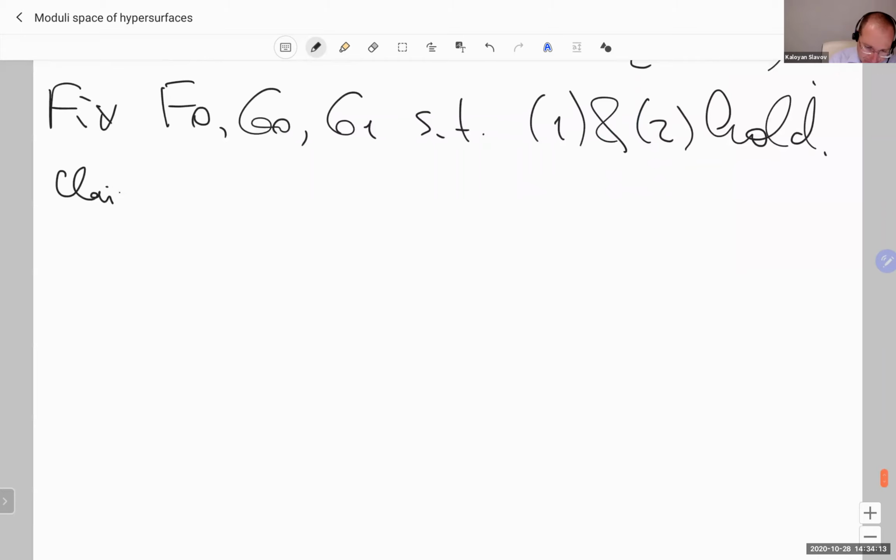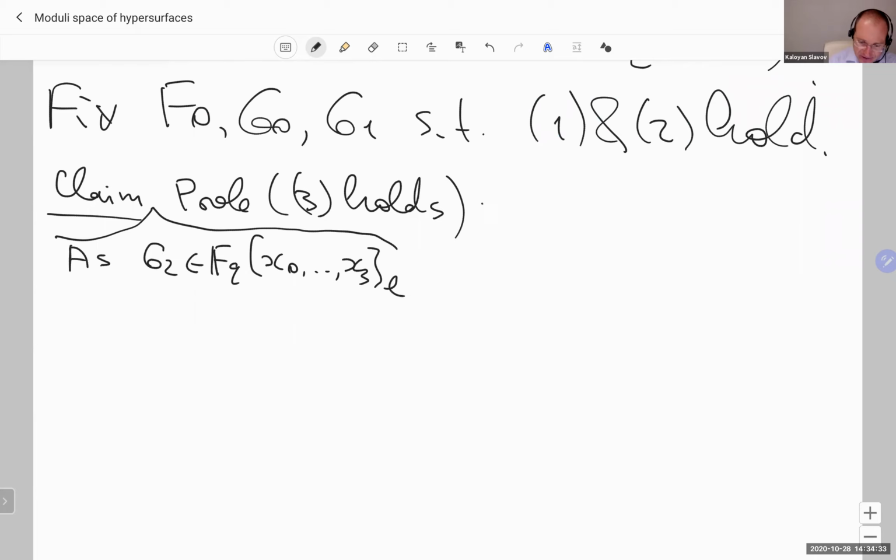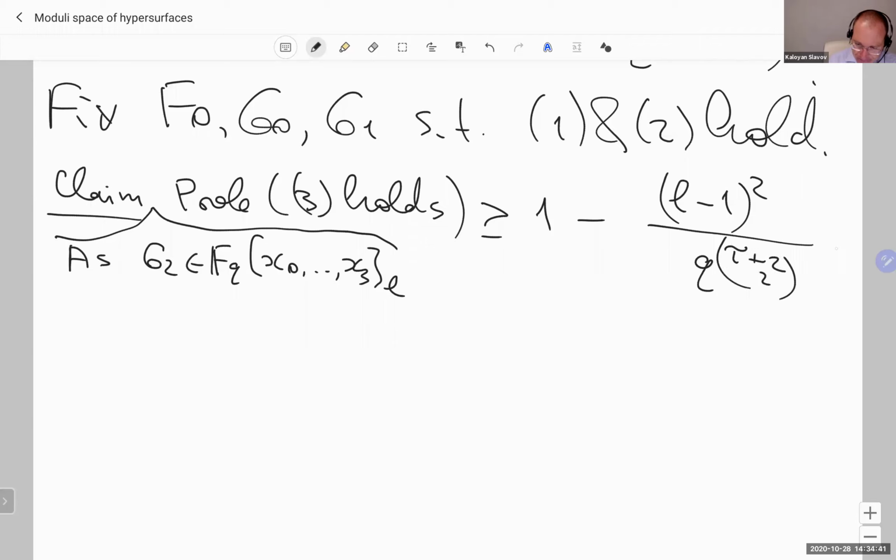Claim: the probability that 3 holds, so here I should say as G2, chosen in F_q[x0,...,x3] homogeneous of degree L, is chosen uniformly at random, is greater than or equal to 1 minus (L minus 1) squared over q to the (tau plus 2 choose 2).